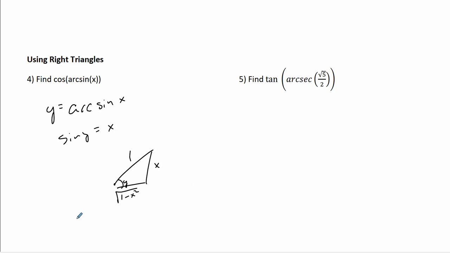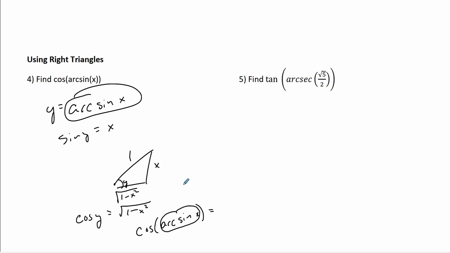And so therefore, the cosine of y is equal to the square root of 1 minus x squared over 1, because of the hypotenuse. So therefore, the cosine of the arc sine of x is equal to, well, arc sine of x we said is equal to y, and the cosine of y we said is equal to this: the square root of 1 minus x squared.